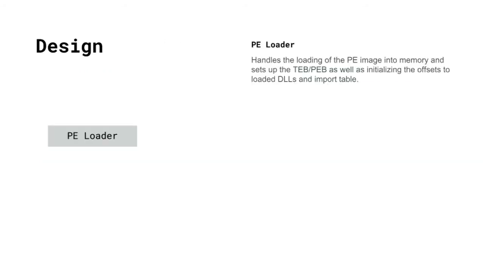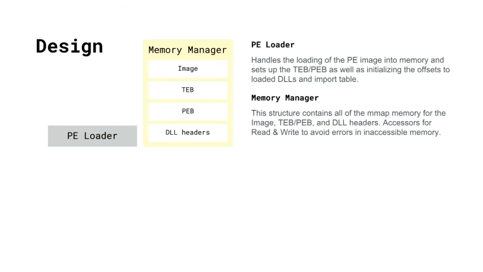So, design. We have the PE loader, which basically takes the header information, puts it into the memory image, as well as simulates the TEB and PEB and all the DLLs from the import table. And then we have the manager, which I just explained earlier.